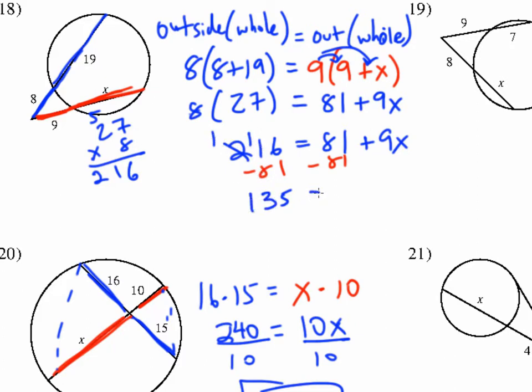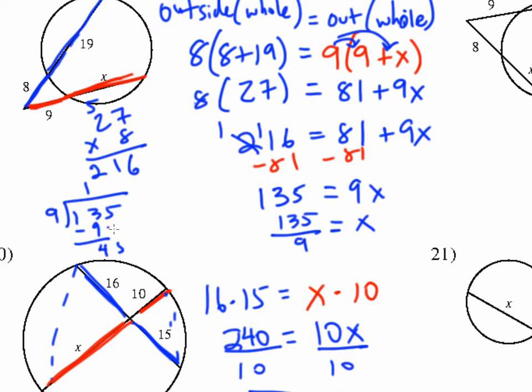So 135 is 9x, so x equals 135 divided by 9. 9 goes into 13 once, and that's 4. 9 goes into 45: 9 times 5 is 45. So x equals 15.